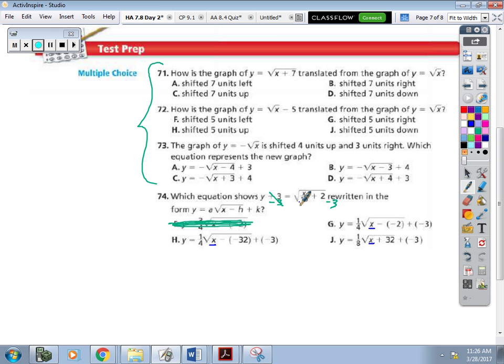So what we're going to actually do with the radicand is rewrite this using a common denominator. Common denominator between 16 and 1 is obviously 16. So I'm going to make this the square root of x over 16 plus 32 over 16. And then the minus 3 goes at the end.